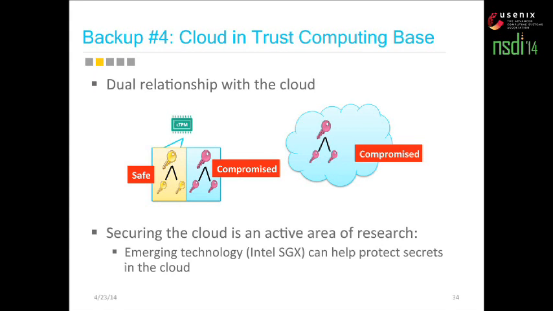However, if it wants to use services provided by the cloud, such as this easy key sharing or the NV storage provided by the cloud, it has to trust the cloud in this work. However, securing this cloud service without trusting the cloud has been an active research area. We hope that emerging technology like Intel SGX will help to protect the cloud-side cTPM and protect the secrets it shared with the cloud.